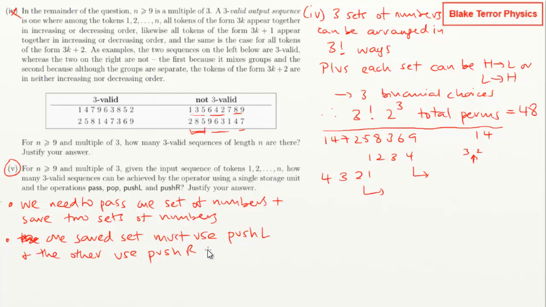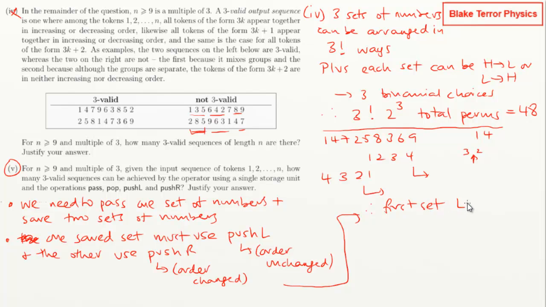So we must have order unchanged, and this one means order changed. Okay, so coming off the back of all of this, the first set must be going from low to high because we've passed it straight through.